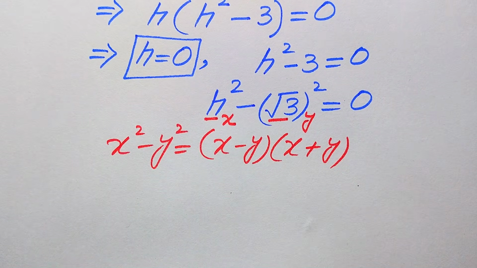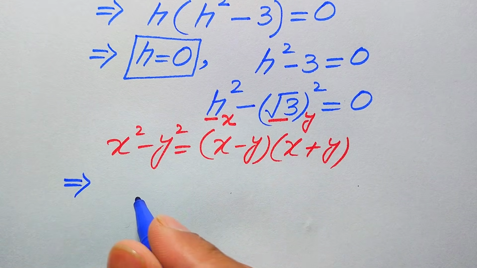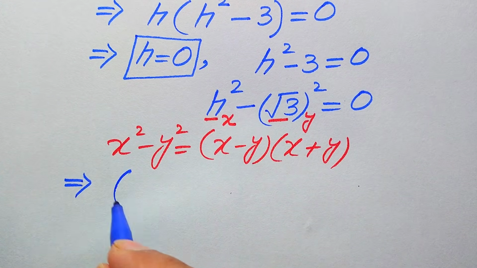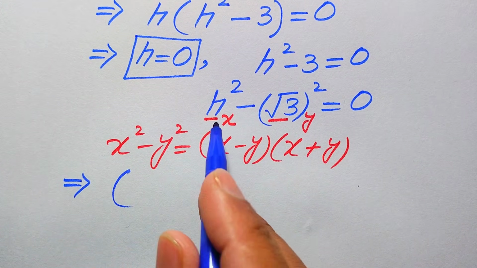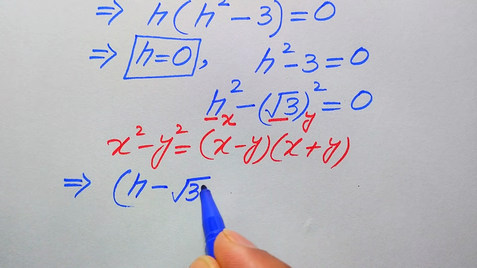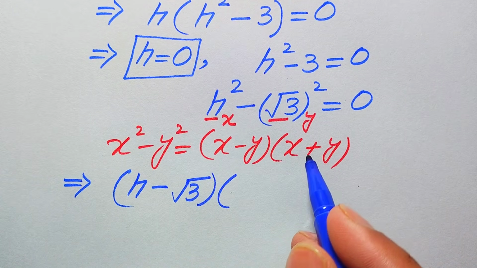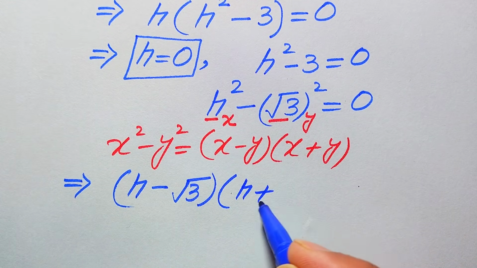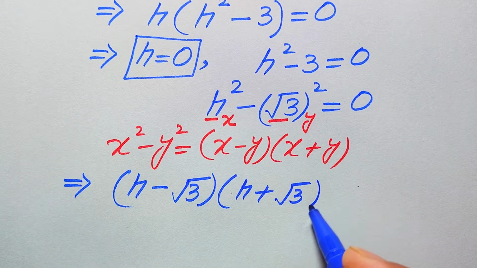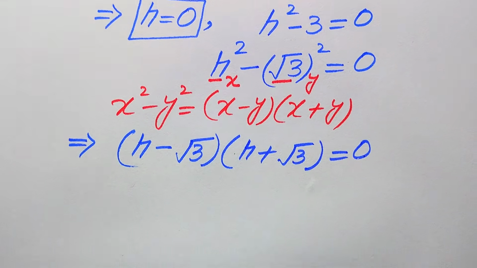After applying this algebraic formula we write our equation in this form. First we have x minus y, where the value of x is h and the value of y is the square root of 3, into the second factor x plus y, where the value of x is h plus the value of y is the square root of 3, and this whole equation is equal to 0.